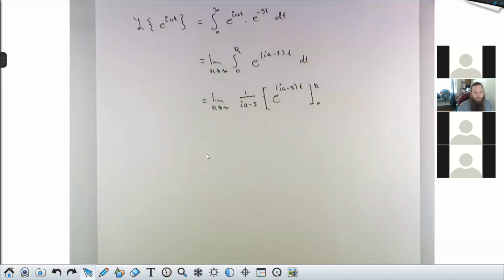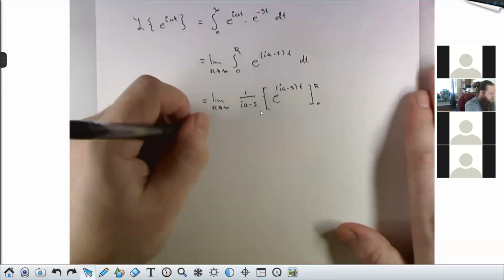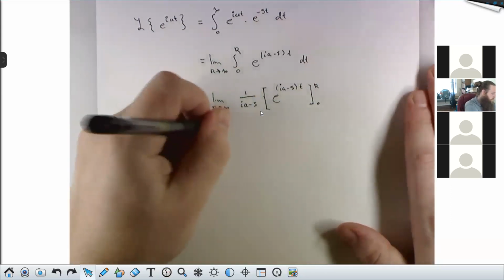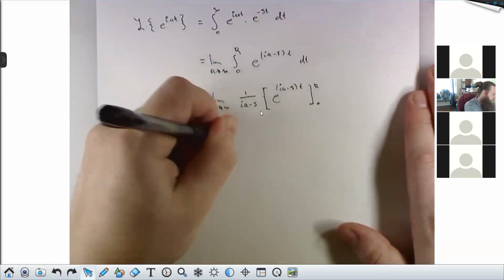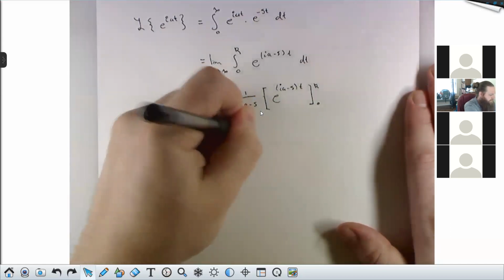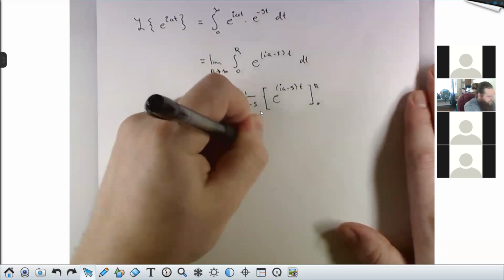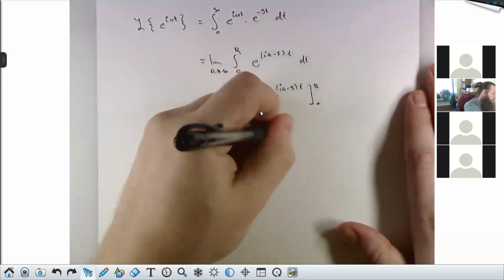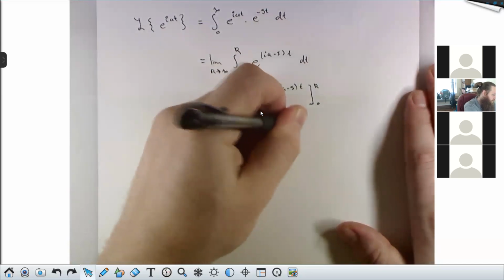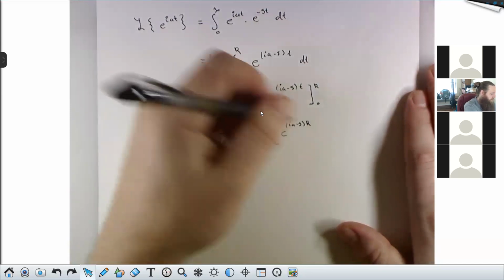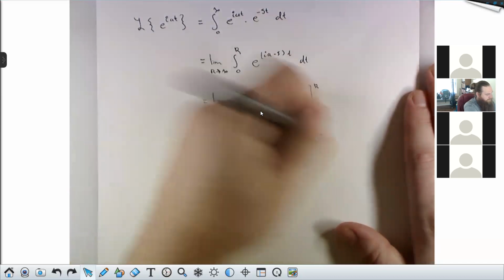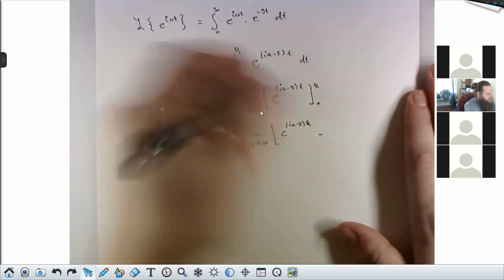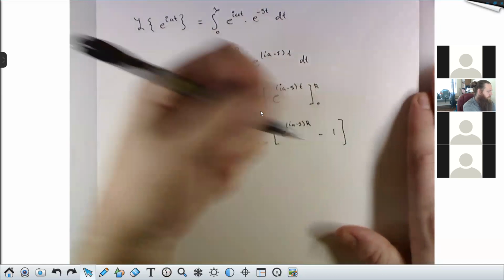In fact, since it doesn't have any r's, it comes all the way out past the limit. This is 1 over (ia minus s) times the limit as r goes to infinity of the bracket e to the (ia minus s) times r, minus e to the (ia minus s) times 0, which is e to the 0, which is 1.